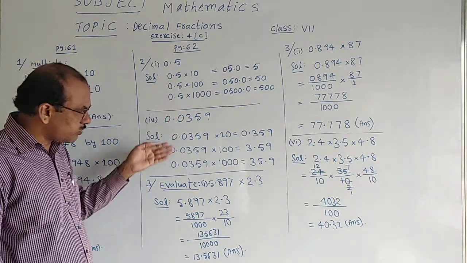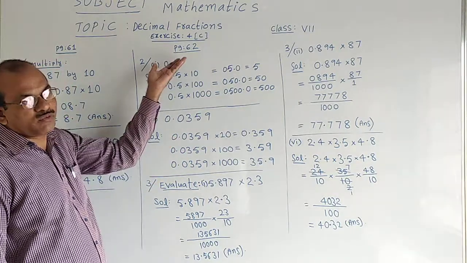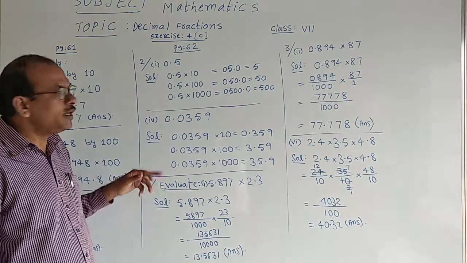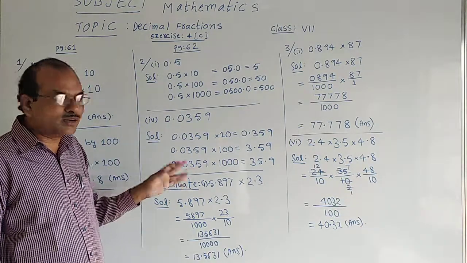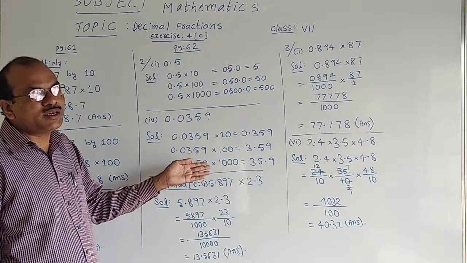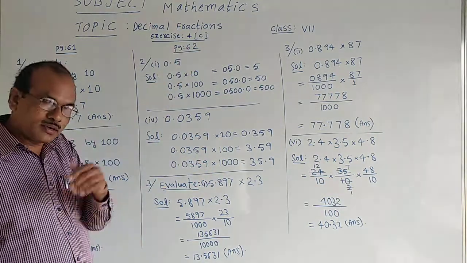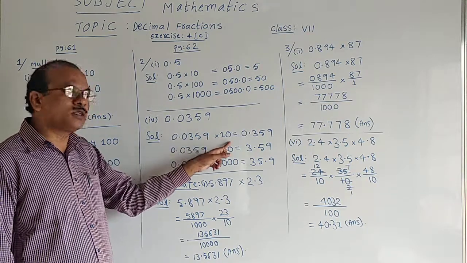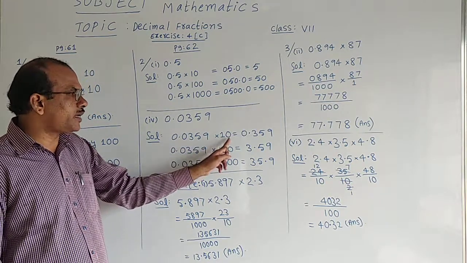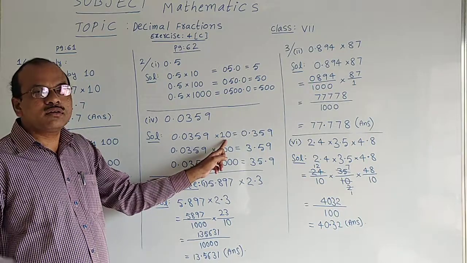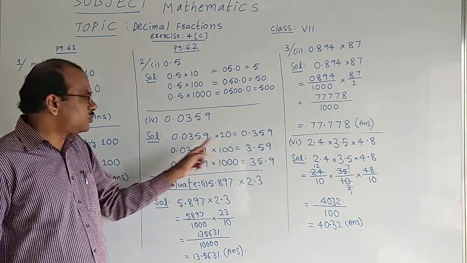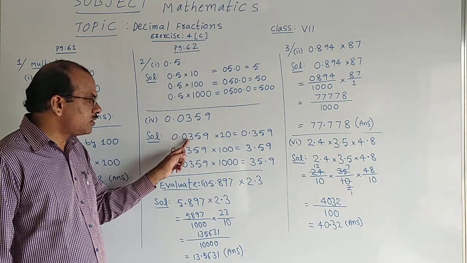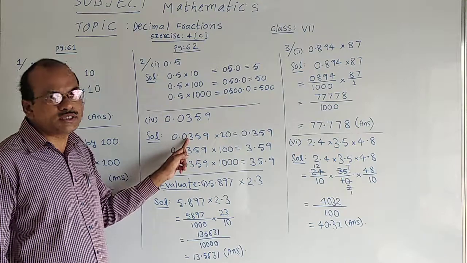If we understand the fourth one, it is the same manner as the first one. The fourth of the second question is the same model only. Let us discuss the fourth one first. It will be easier, and with that knowledge we can understand the first one. Let us see this fourth one. This number is going to be multiplied with 10. 10 has starting 1 and only one 0. So this point should move towards its right side and cross one digit, as we said.